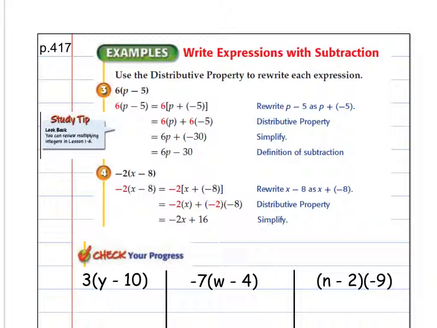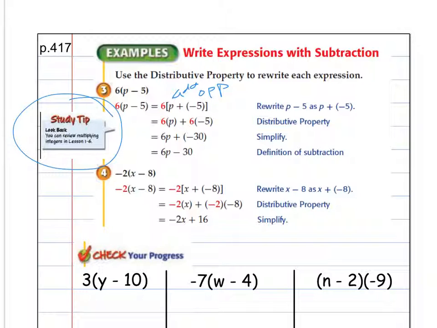Okay, what about when there's subtraction involved? We saw this a little bit already. Again, you may have to go back to lesson 6.1 to multiply integers. So some people just change it to a plus sign. So remembering that p minus 5 would actually be the same as adding the opposite. So instead of subtracting 5, you can add a negative 5.